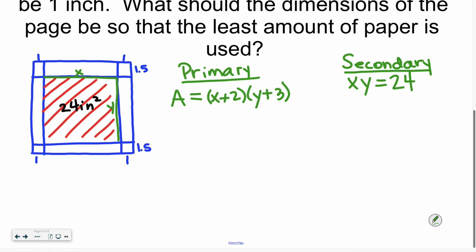Some of us may solve for y, some of us may solve for x. We're still going to get to the same answer eventually, okay? What would you like to solve for in this equation? I'll let you be the leader here. You want to solve for x? So x equals 24 divided by y. I like this. This gives us a chance to do a derivative with y instead of x.